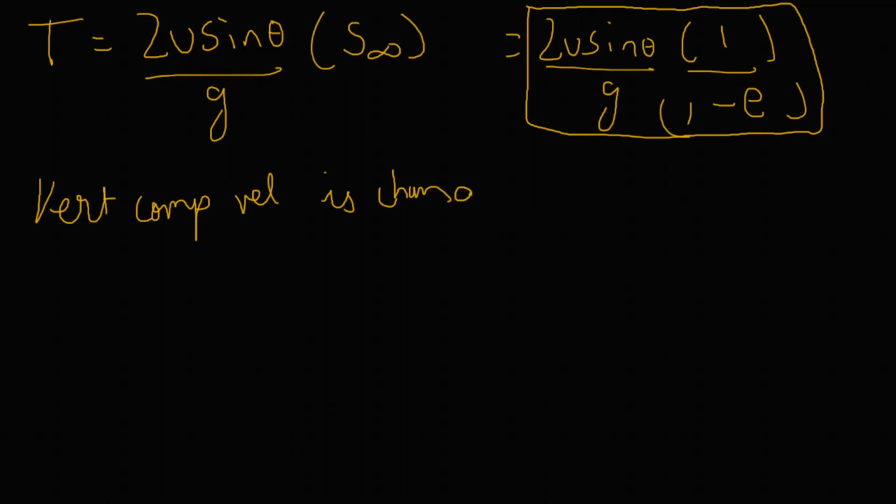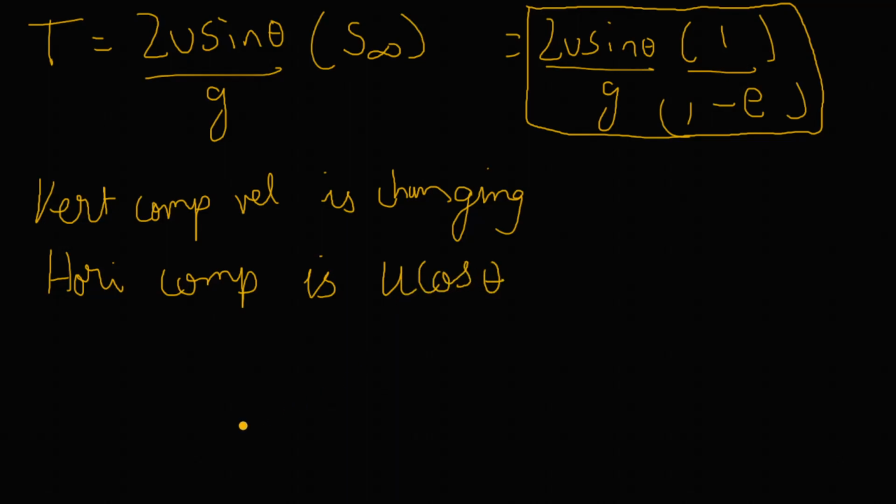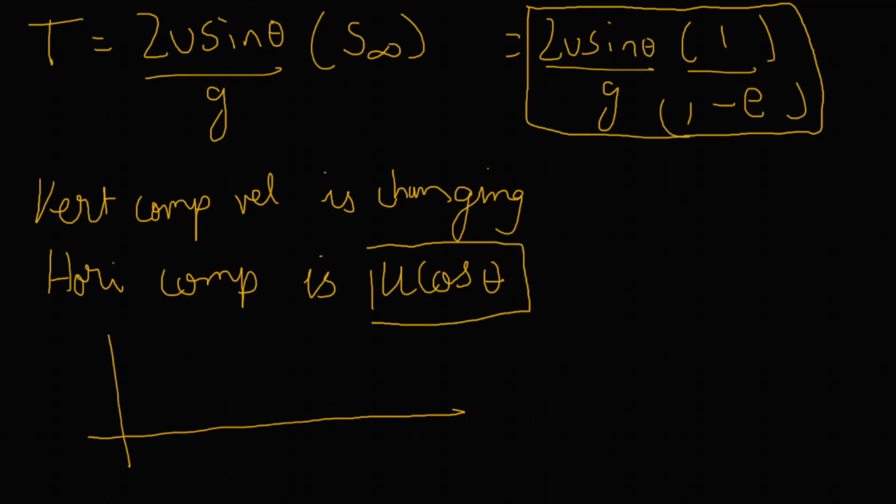The horizontal component, on the other hand, is u cos theta, and it is always u cos theta throughout the whole journey. So we can find the horizontal range by multiplying the time taken into its horizontal velocity, as it's constant throughout the journey. Now let us do it.